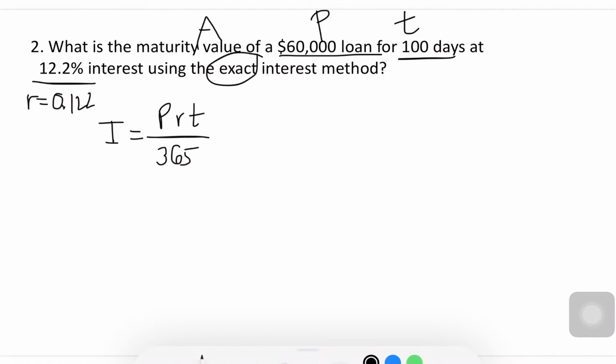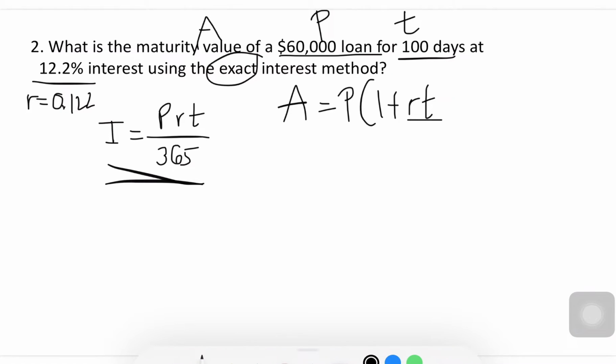And take note that we are looking for A. So A is equal to P times 1 plus R times T, and we will divide T by 365.